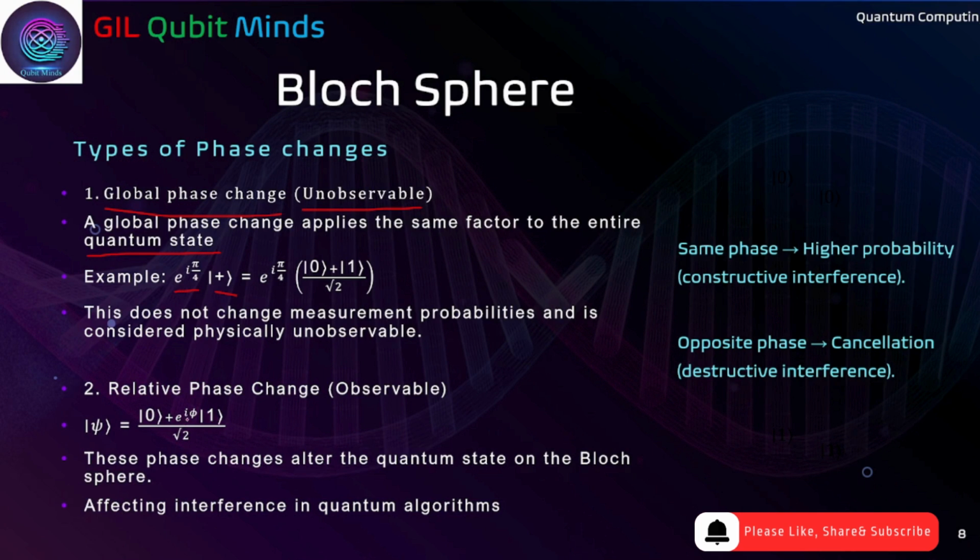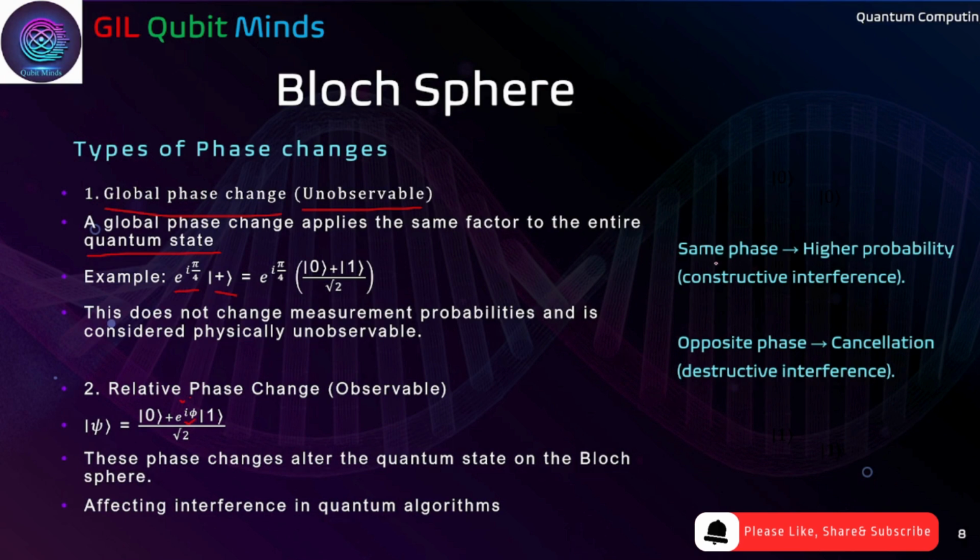Here we are only multiplying with this part, and this phase change alters the quantum state on the Bloch sphere and affects interference in quantum algorithms. When we use this in a quantum algorithm, it will influence the interference.